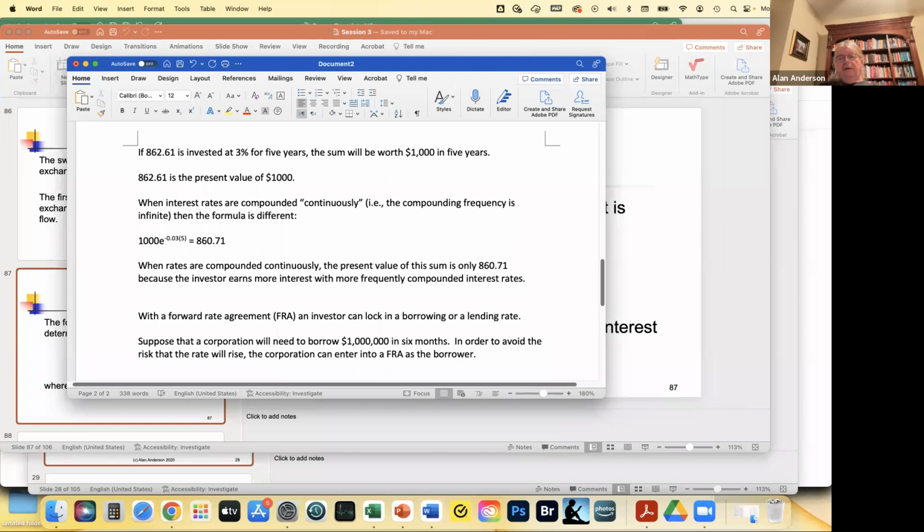Now, let's just say that the rate of interest agreed to in the contract is, I don't know, 5%.